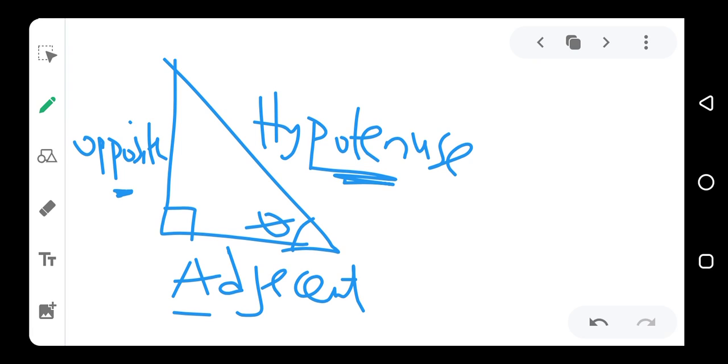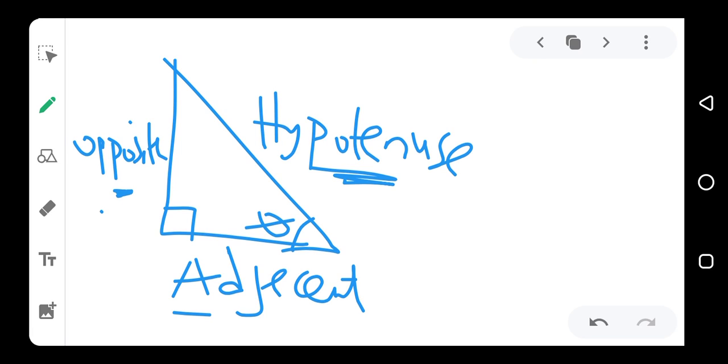And again, we can divide the opposite with adjacent to give what we call tangent theta. So no matter the side of the right angled triangle that is given to us, we can calculate the angle or the other side that is not given.